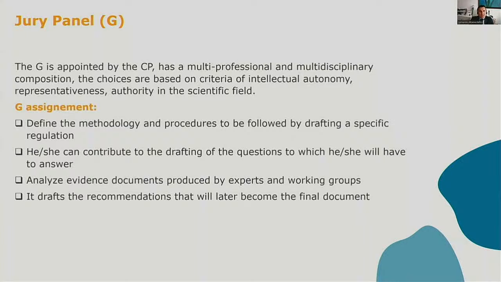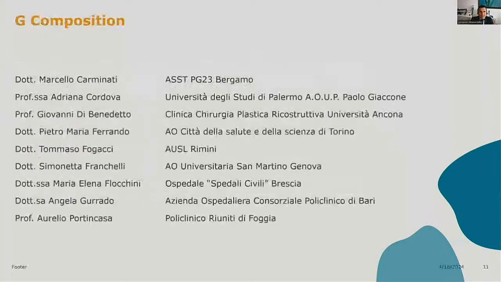G's assignments are to define the methodology and procedures to be followed by drafting a specific regulation, to contribute to the drafting of the questions to which each member will help to answer, to analyze evidence documents produced by experts and working groups, and to draft the recommendations that will later become the final document.